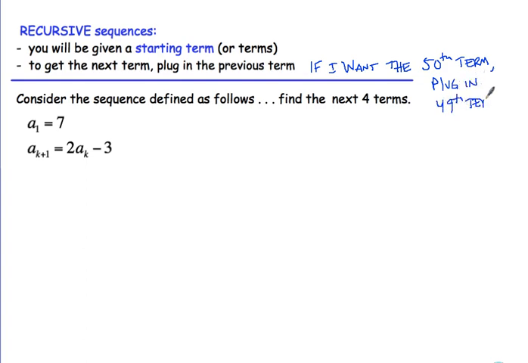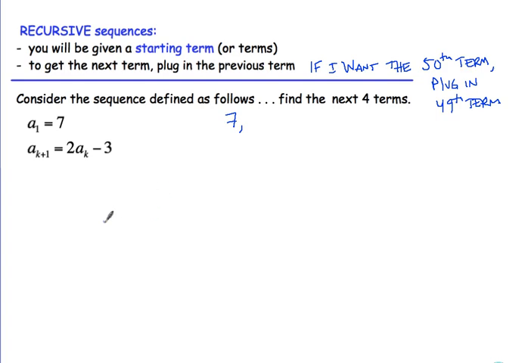So I would have to know the 49th term, plug it in to get the 50th term. If I want the 100th term, I would have to know the 99th term and plug it in. So it's not as easy as just plugging in whatever number of the term I want. Let's try one out so you can see how it works. So I'm telling you the first term is a 7. So in my list of numbers, the first term is a 7 for sure.